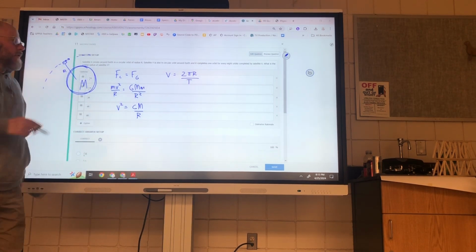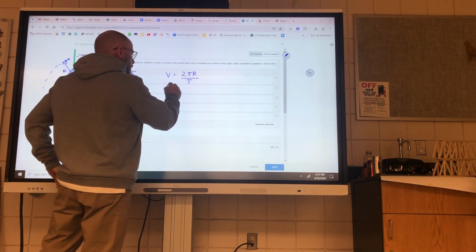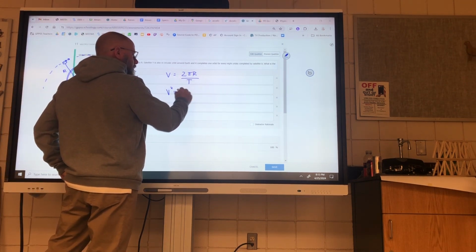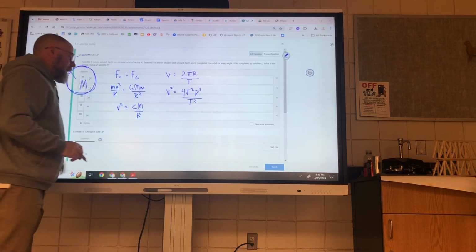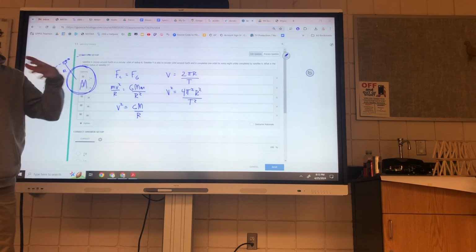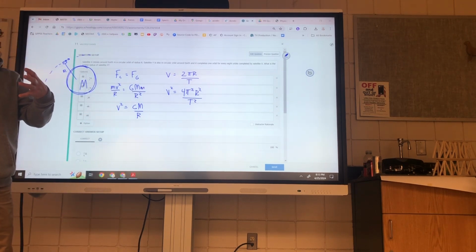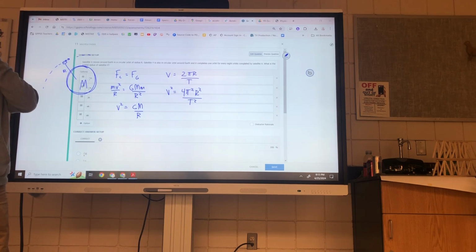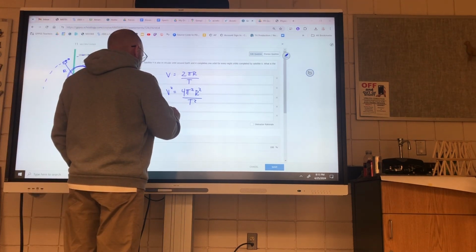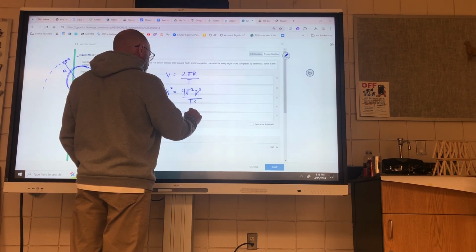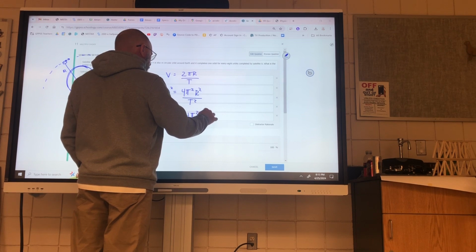Yes. Okay, so if I have to square this one though, what's 2 squared? 4. What's pi squared? pi squared. R squared all over T squared. Now, if I set this v squared equal to this v squared, some magic happens. I end up with G M over r is equal to 4 pi squared r squared all over T squared.